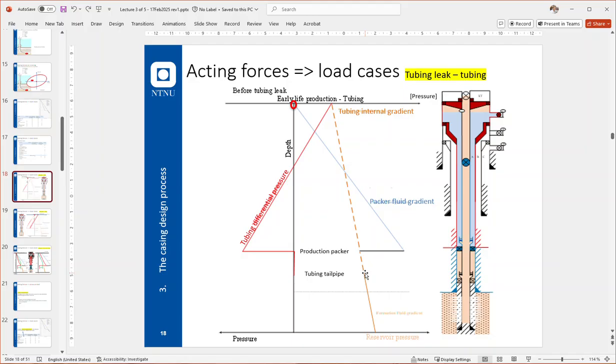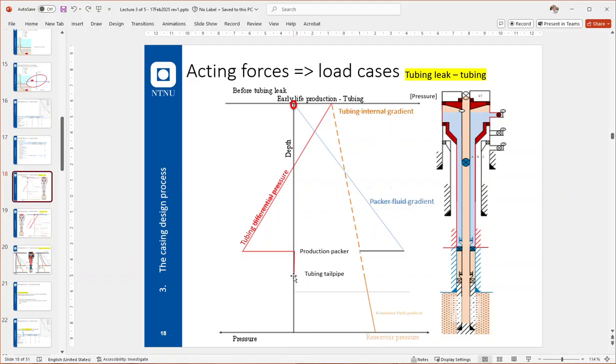So if we go from the bottom again at the tailpipe, there will be no differential pressure over the tailpipe, because the pressure in the annulus or pocket between the tailpipe of the tubing and the casing needs to be the same as inside the tubing itself.